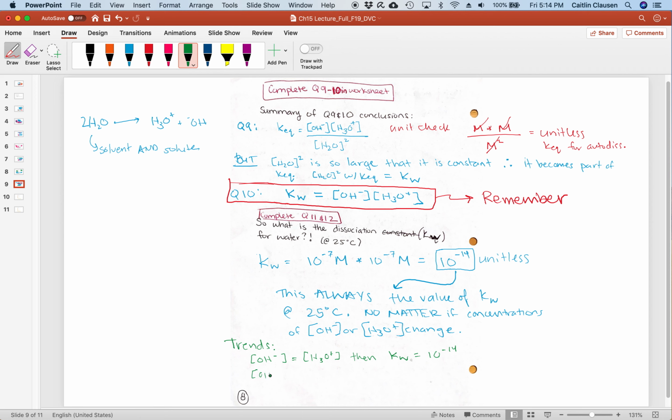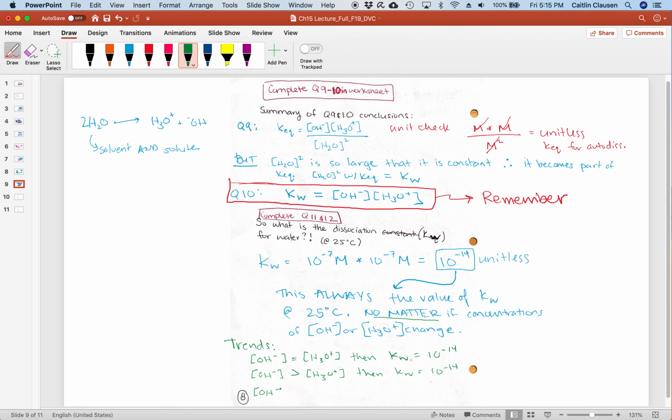What about if OH minus is greater than H3O plus? Then Kw equals 10 to the minus 14. Doesn't matter if the concentrations change. If one goes up, then the other one goes down proportionally.